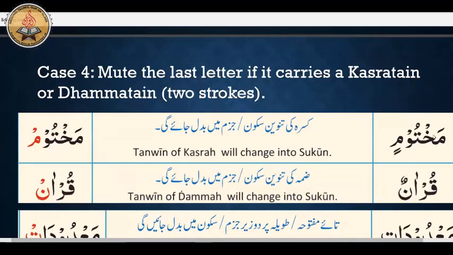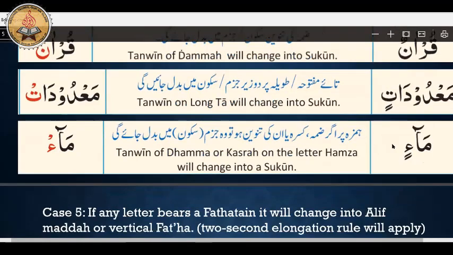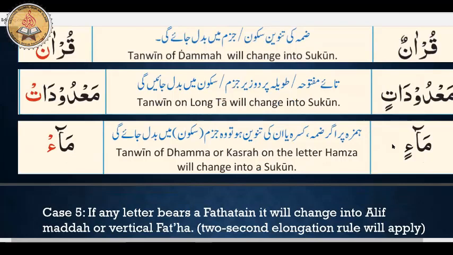You're not saying makhtumin when you're doing a waqf. You have to say makhtum. Same with Quranun, not Quranun. When you're doing a waqf, it's Quran. Ma'dudatin, that's not correct. Ma'dudat.